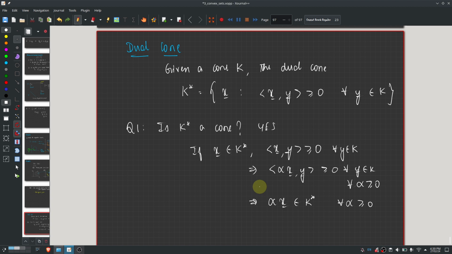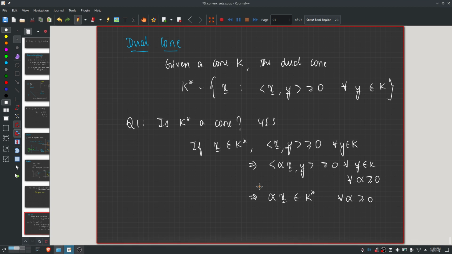What more can you say about K star? Is K star a convex cone? Yeah, it should be a convex cone because if x1 and x2 both belong to K star, then every conic combination should also belong to K star. Again, this just follows from the linearity property of the inner product.